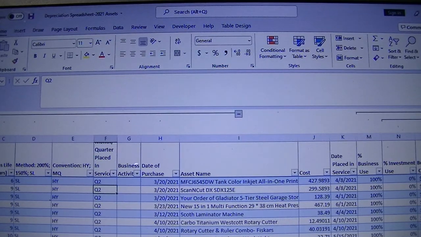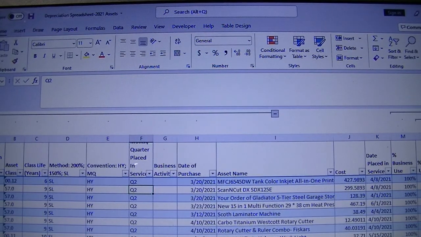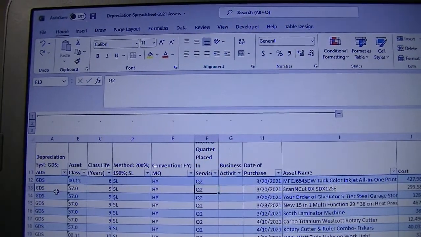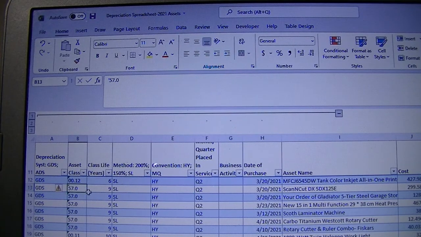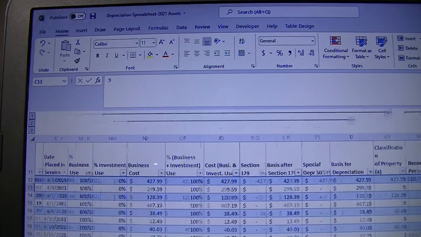So we come back to our spreadsheet. So we have GDS, we have asset class. This one is going to be table B2 business activity asset class, so it's 570. The class life is 9 years, and then we can go to the right.